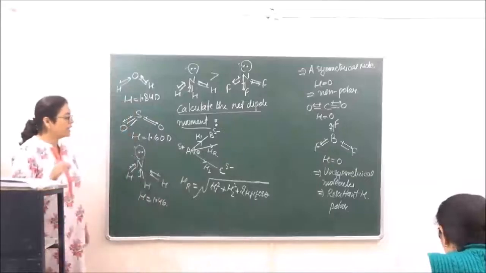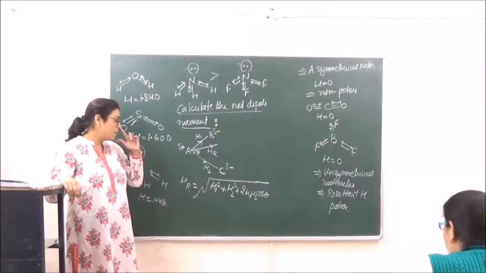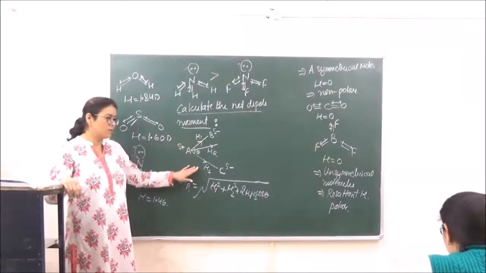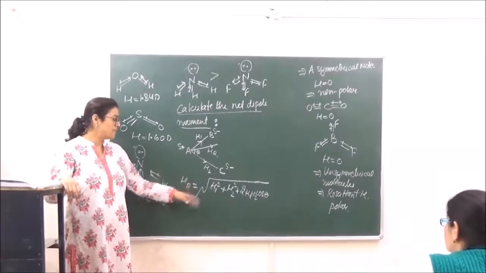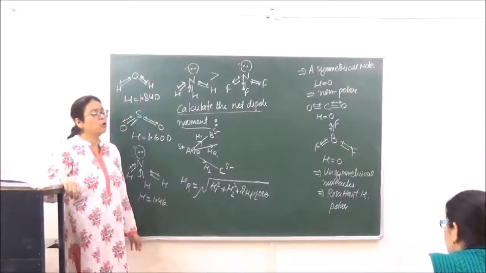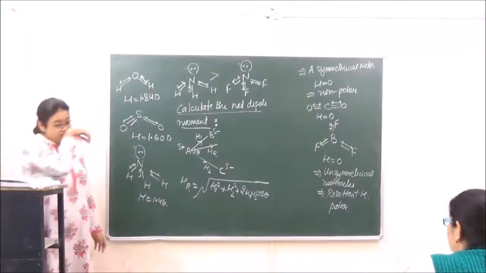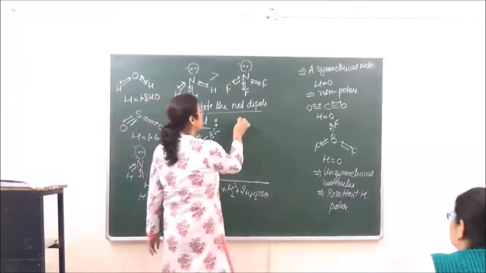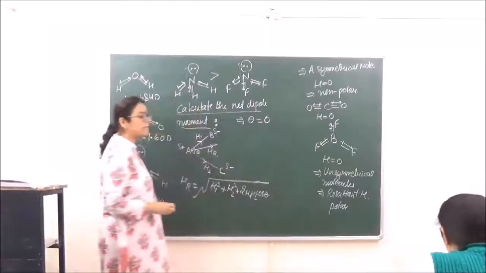So this is how you can calculate the resultant dipole moment if the dipole moments mu1 and mu2 are given to you and theta is also given to you. So you will have mu resultant equal to the square root of mu1 square plus mu2 square plus 2 mu1 mu2 into cos theta.